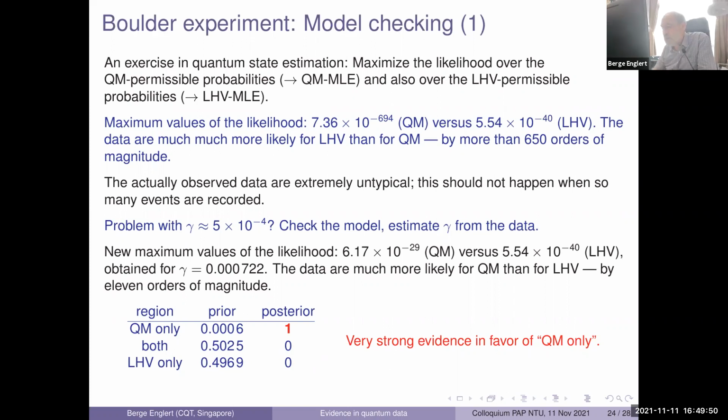For the Delft experiment, that's the experiment with the fewest data and the smallest p-value, you still have a posterior probability for quantum mechanics only, which is very close to 1, but these 2 probabilities are not 0. So even in that case, you have strong evidence in favor of quantum mechanics only, but maybe not quite as strong as in the other cases, but certainly much stronger than the p-value of 0.039 suggests.